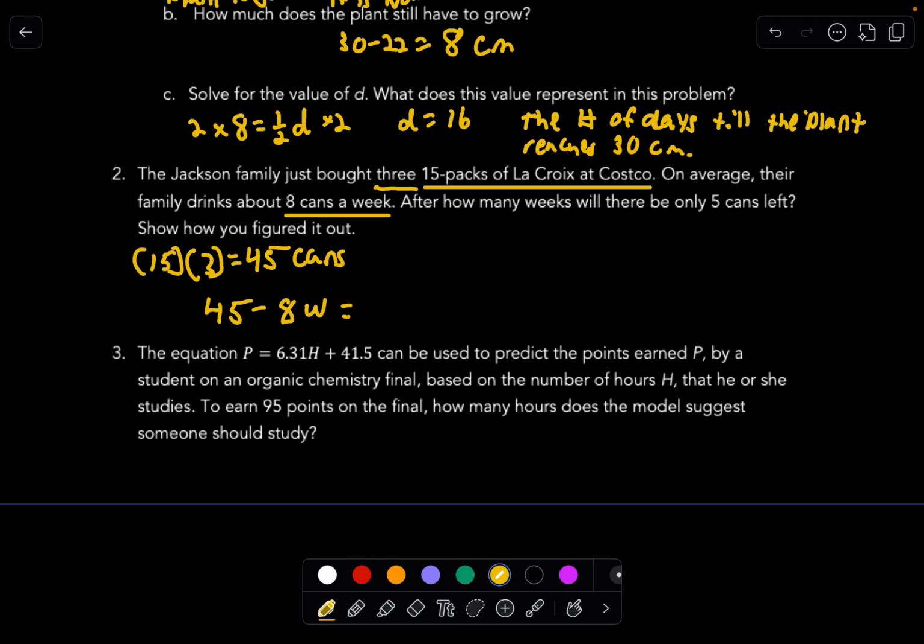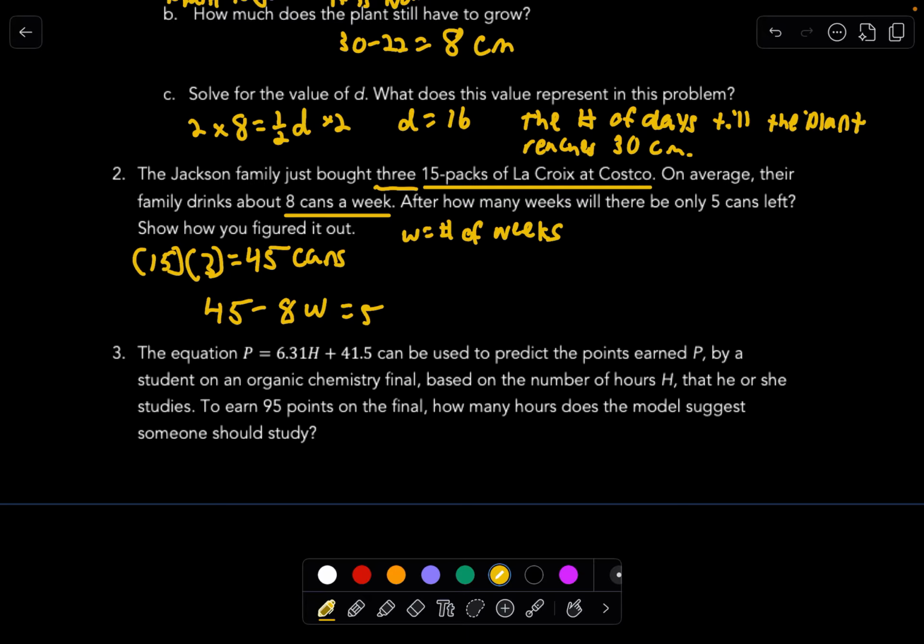And we want to know, when does that equal 5? Again, W equals number of weeks. So every week, on average, they drink 8 cans, until there will be only 5 cans left. And the 5 is the number of cans left.